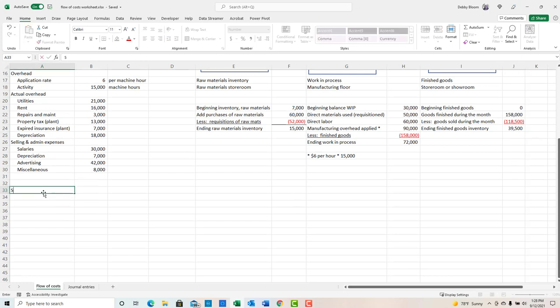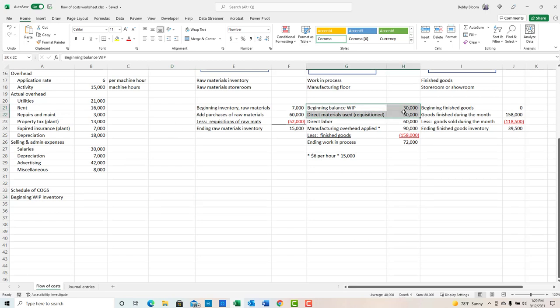So for our schedule of cost of goods manufactured, the first thing that we're going to start off with is our beginning work in process inventory. And that's going to go in the 3rd column because we're actually going to have several supporting schedules. So our beginning work in process inventory, as you can see from right here, was $30,000.